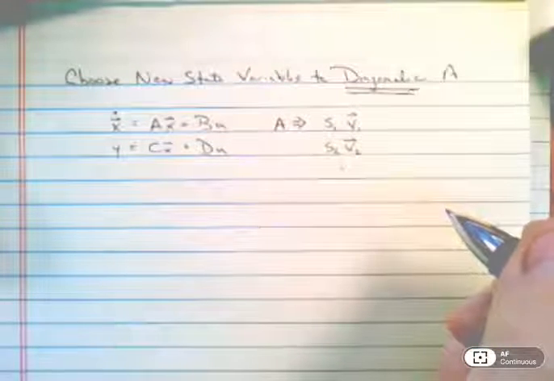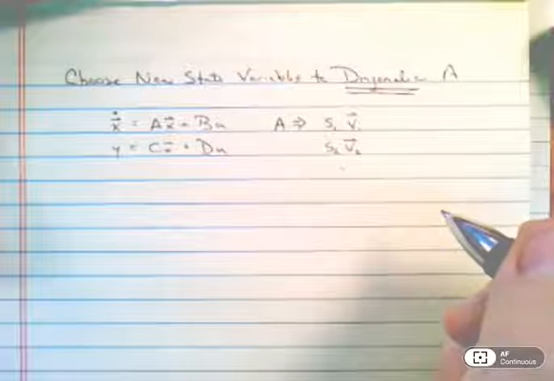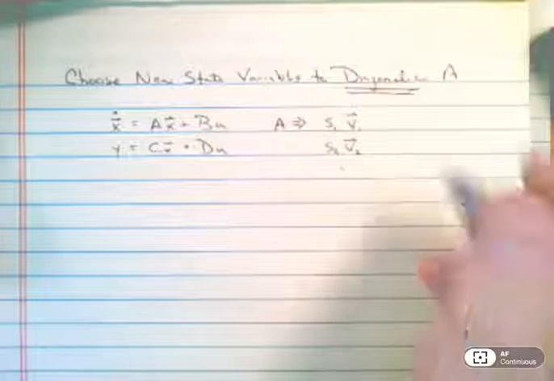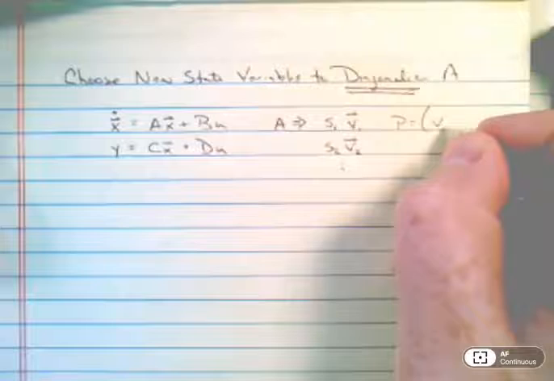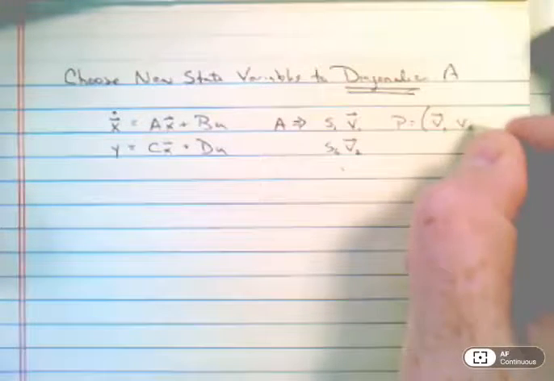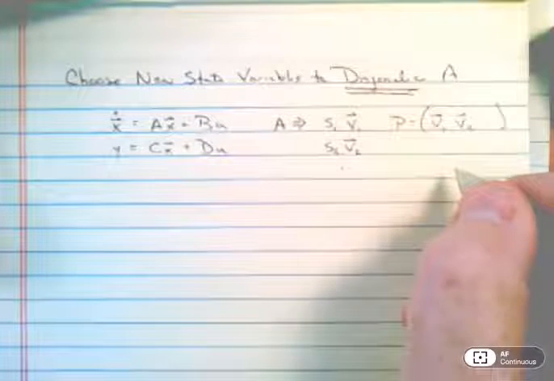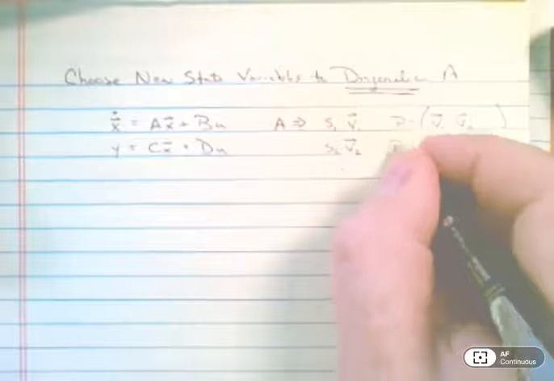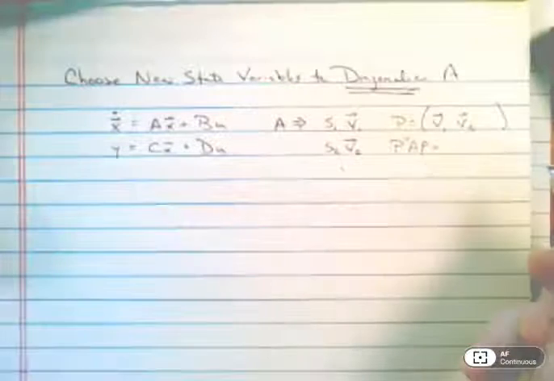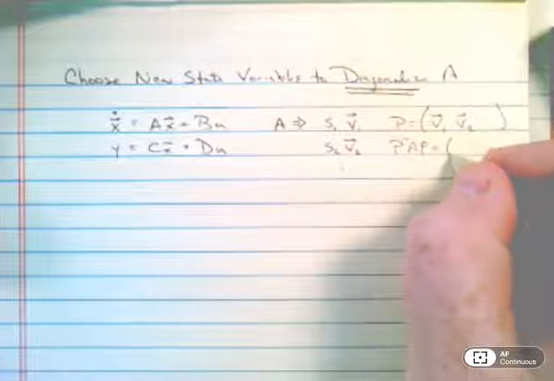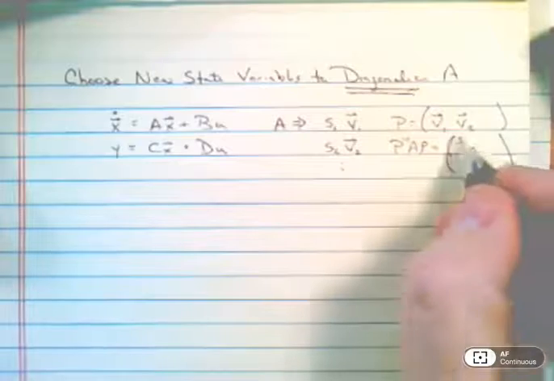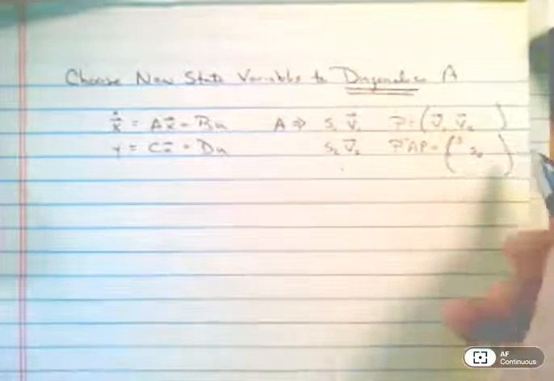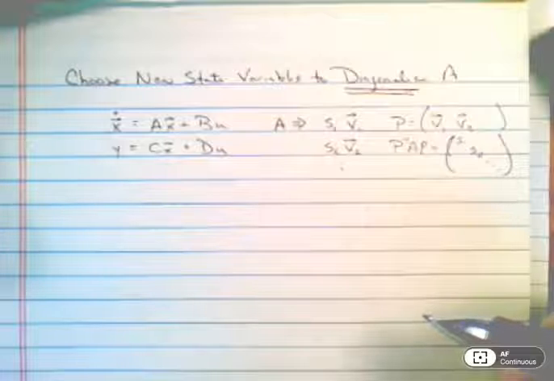When I do that, if I create the linear transform matrix P such that it is all of the eigenvectors as row vectors, then when I apply the similarity transform and wind up with P inverse A P, this will be a diagonal matrix. The diagonal matrix will have the eigenvalues on its diagonal. The order of the eigenvalues will match the order of the eigenvectors that I put in the P matrix.